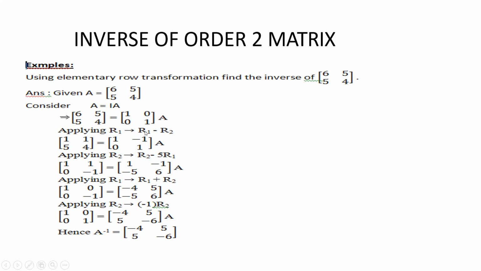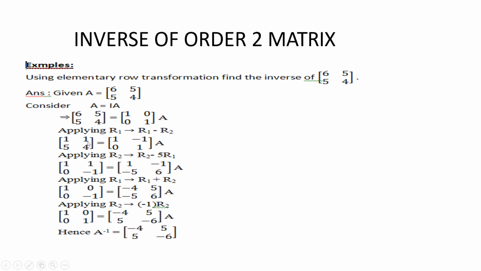So R1 is equal to R1 minus R2. What we are doing is taking row 1 on the left side, and on the right side in the identity matrix we take row 1 and do the operation R1 minus R2. So we get 1, 1, and 5, 4. Previously we had 6, 5, and now we have got 1, 1.